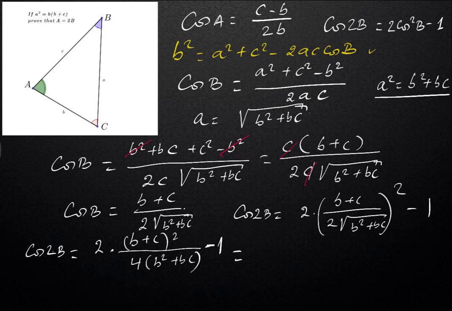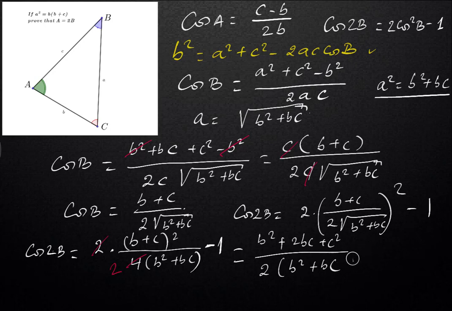So we can develop the numerator. We simplify here first, and then on the numerator we get B squared plus 2BC plus C squared over 2 times B squared plus BC.